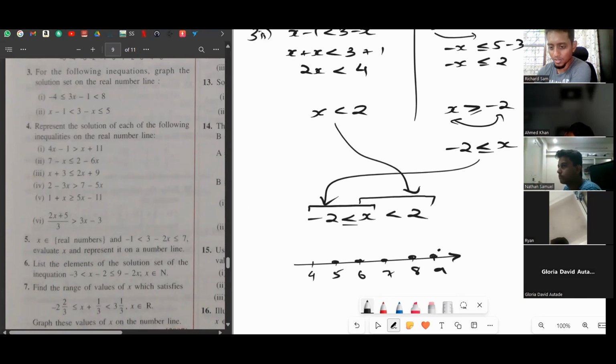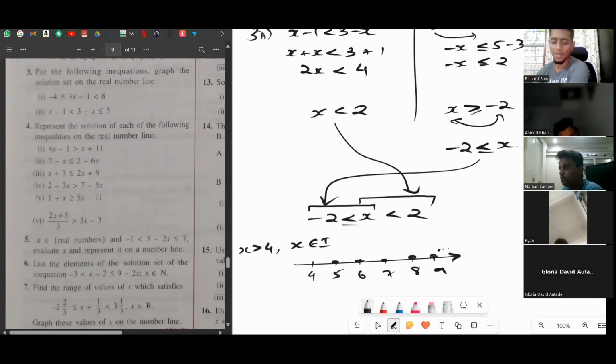See, listen, all of you. What if you have x is greater than 4 and x is an integer? How will you draw this on the number line? Integer means you have to mark each dot separately. If it's real numbers, you will draw the black line. If it's integers or whole numbers or natural numbers, then you will mark each dot separately.